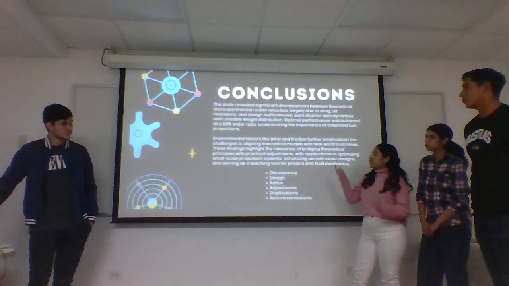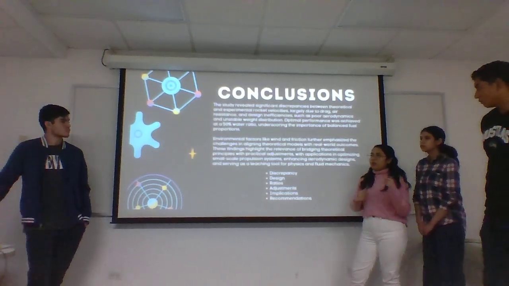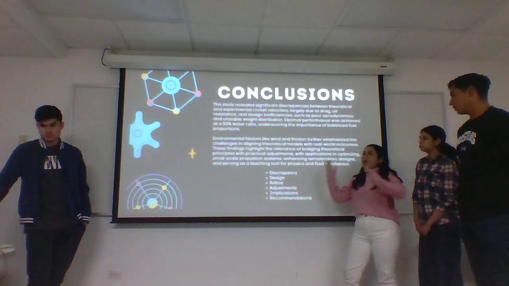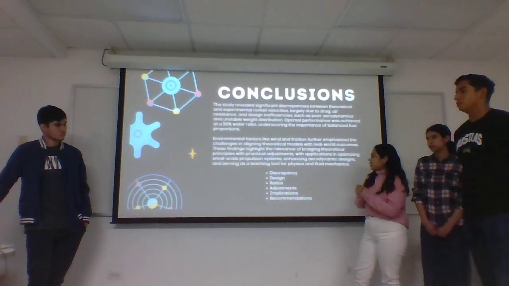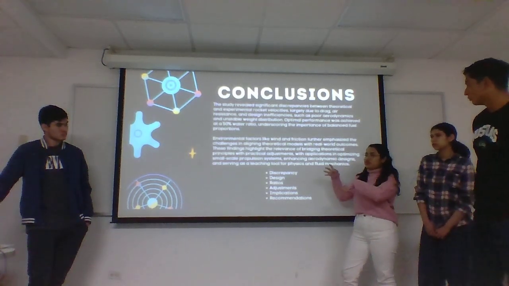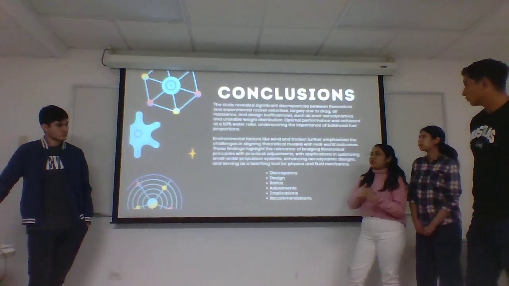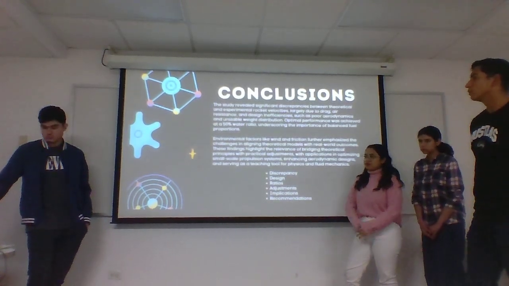Other factors were not only the drag force but also the direction of the air, which was literally opposite to the direction of our launch, so that also pulled it backwards. We can take this into consideration for future projects and improve the aerodynamics, which will help us obtain more accurate results.